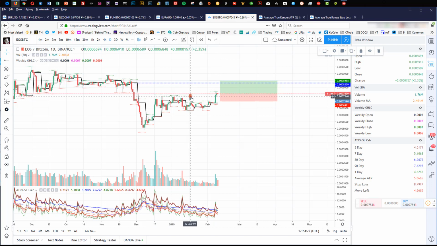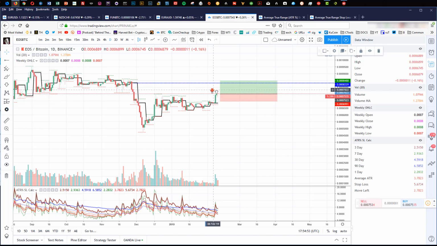This is just using simple support and resistance, simple levels and pivot points, to argue that I'm giving the trade enough room to breathe before it's invalidated and for it to move up. This is obviously a long position. So this stop loss has a couple of key levels, a couple of highs and a couple of opens, that it could find support on before it hits my stop loss.